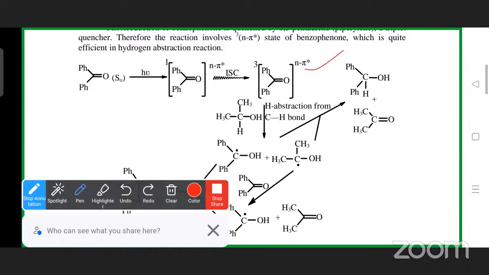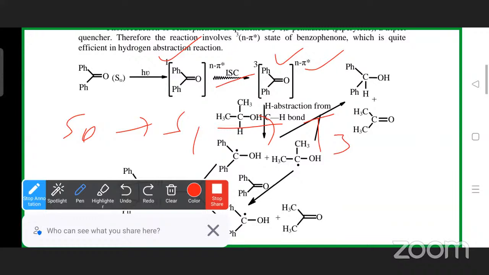Then it undergoes ISC, where the singlet is transferred and it becomes triplet. S0, then S1, then it converts into the triplet state T1 here.